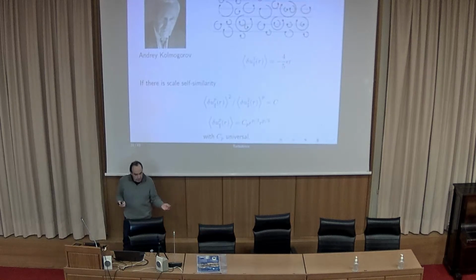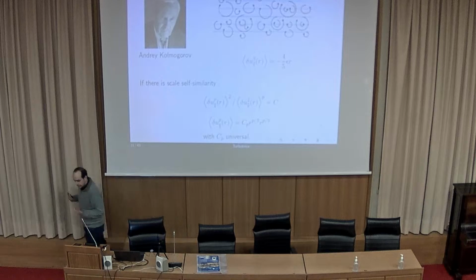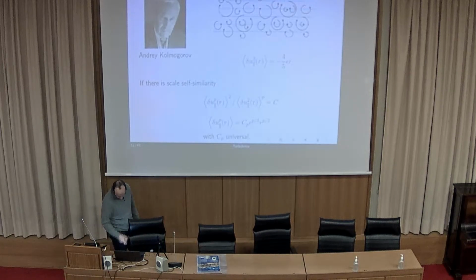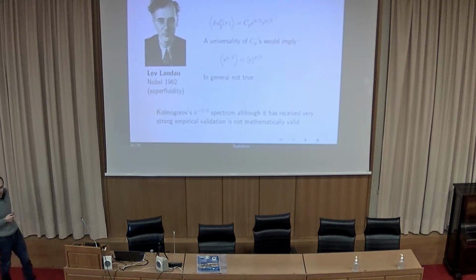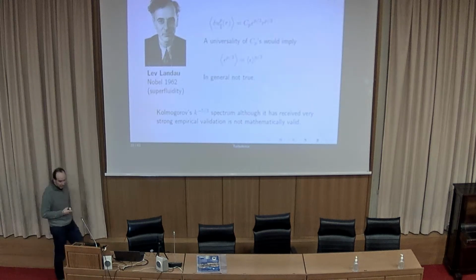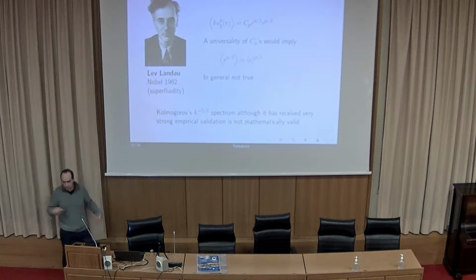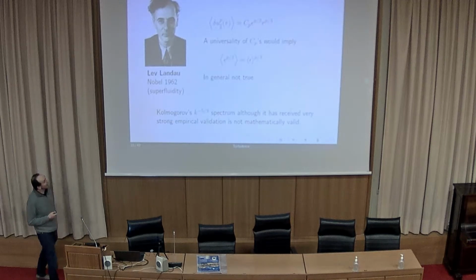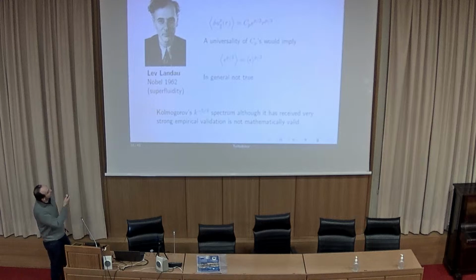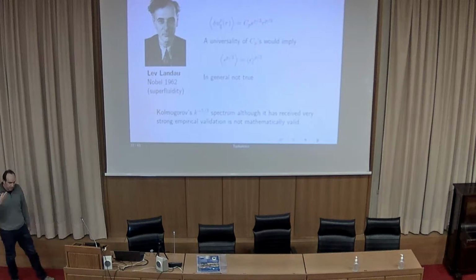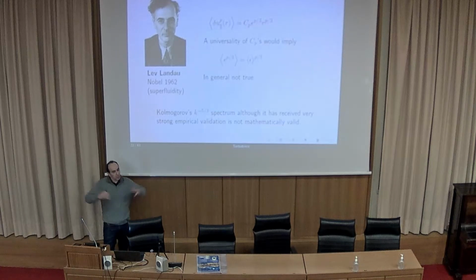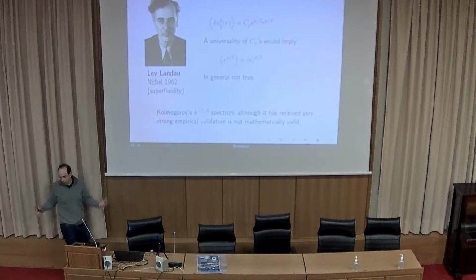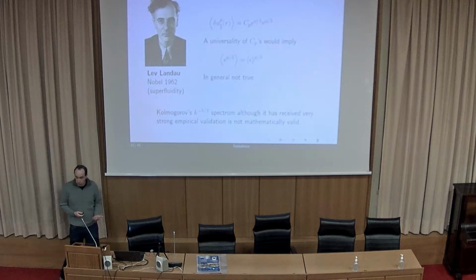It met many objections despite the verification by lots of experiments, mostly by this guy. That's another Nobel Prize physicist who worked on fluid dynamics, which is not surprising because Landau worked on everything. The argument of Landau is that if these constants are all universal and hold for one flow, then if you consider a super ensemble of flows, the same thing should hold.